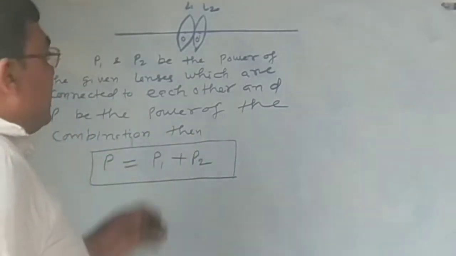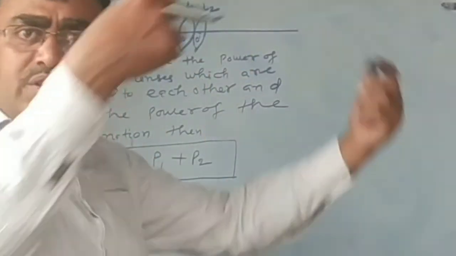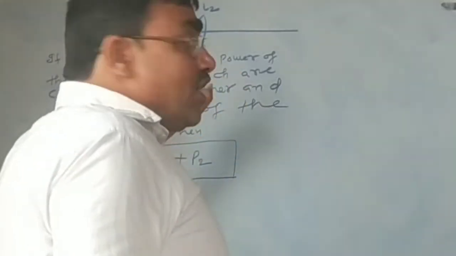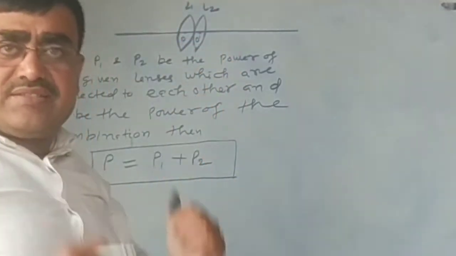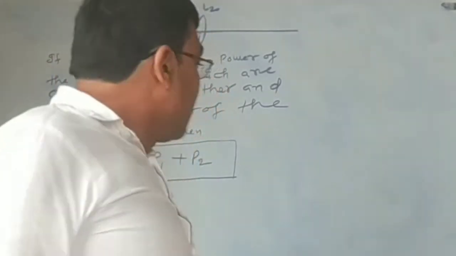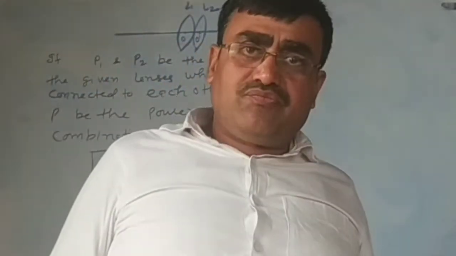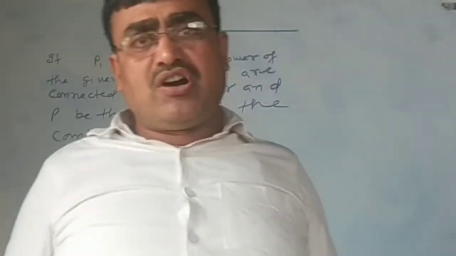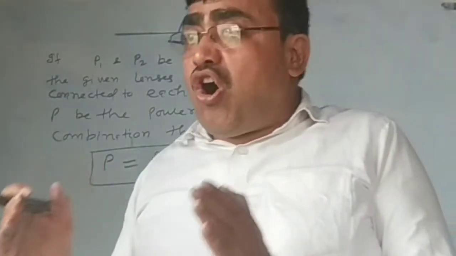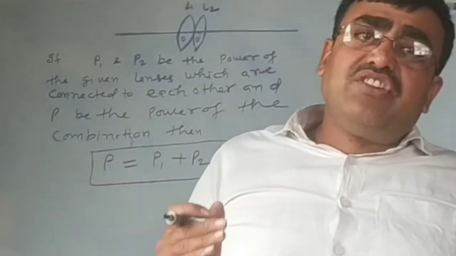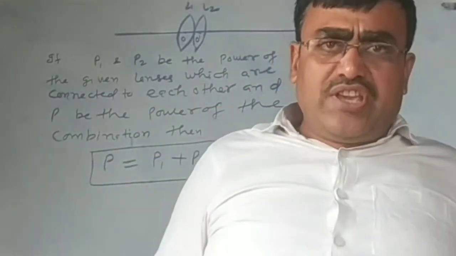Okay, that means in the case of two thin lenses or more thin lenses, if they are convex lenses, then equivalent power will be equal to the sum of powers of all thin lenses which are connected to each other.